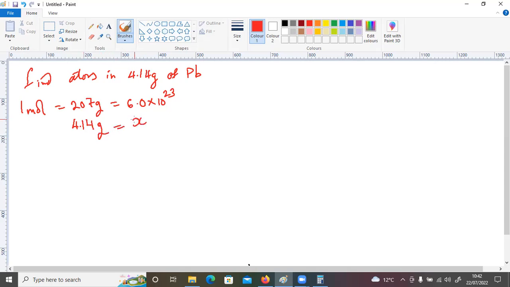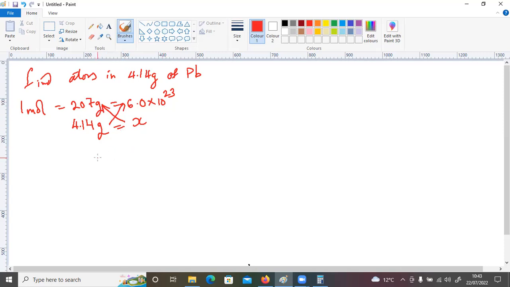Write terms together: 207 and 4.14 grams on one side, the Avogadro's number and the X on the other side, because we are looking for the number of atoms. I do cross multiplication. We'll be doing this one many times.